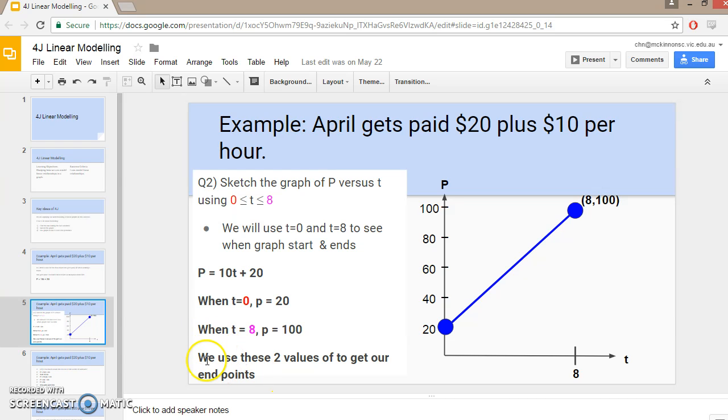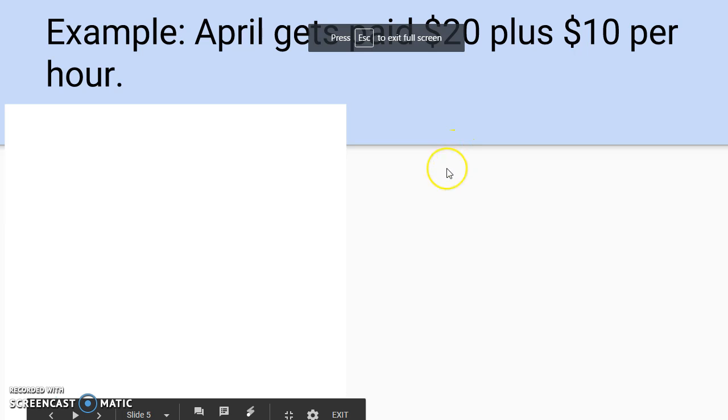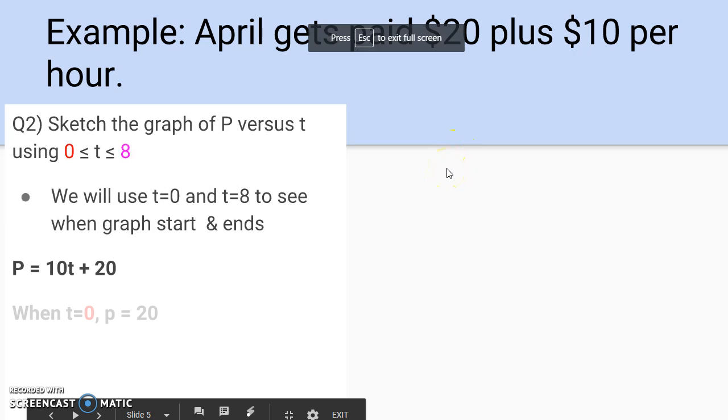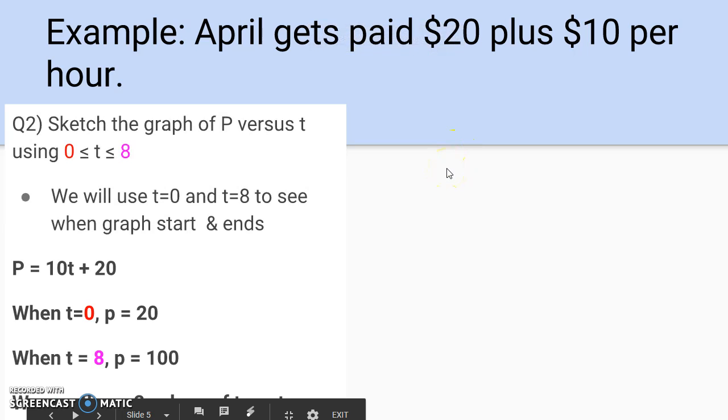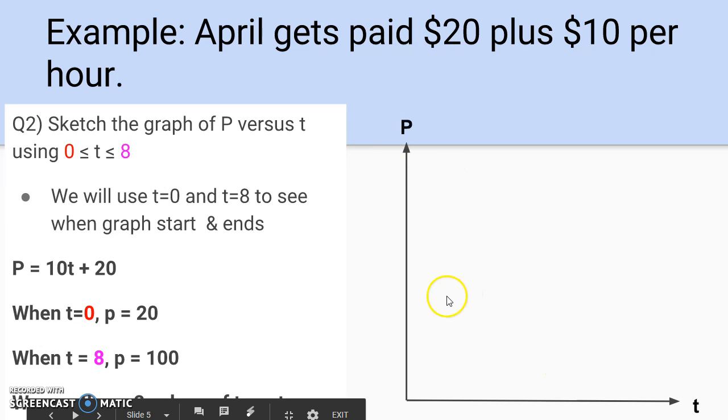We're going to use these two values to get our endpoints. I'm going to sketch out my axes. I'm going to use P for my vertical axis and T for my horizontal. So this is how many hours she works, and this is how much she will get paid.